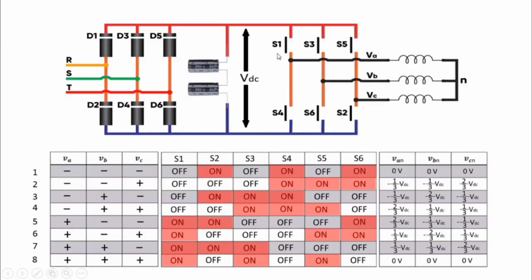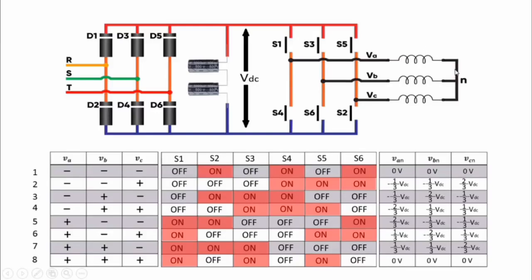And consider another scenario, where S1, S3, and S5 are closed, and S2, S6, and S4 are open. What happens in this case? Again, VA, VB, and VC each become a logic level.